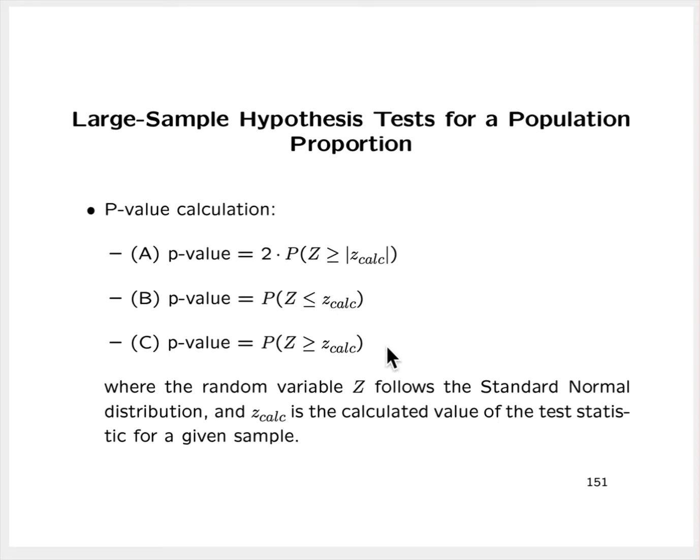And if we're performing a right-tailed test, then the p-value is equal to the probability that the standard normal random variable is greater than or equal to the observed value of z-calc. And so these p-value formulas should look very familiar to you because these are the same p-value formulas that we used, for example, in testing hypotheses about a population mean using a z-test.